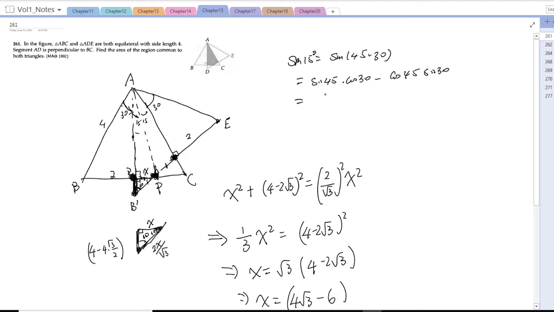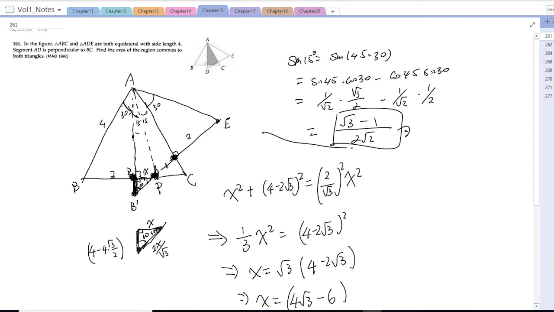So this is 1 over root 2 times root 3 over 2, minus 1 over root 2 times 1/2, which is root 3 minus 1 over 2 root 2. This is if you want to use the trick. This is how we calculate sine 15 and cosine 15.